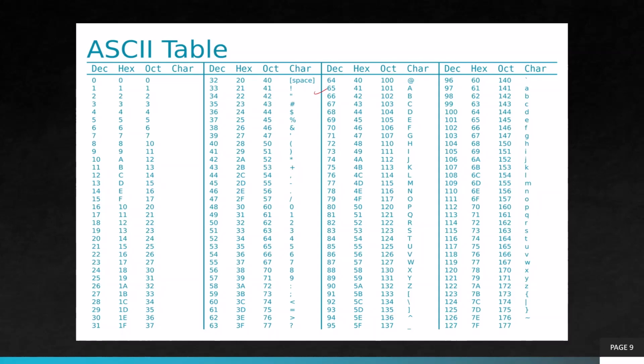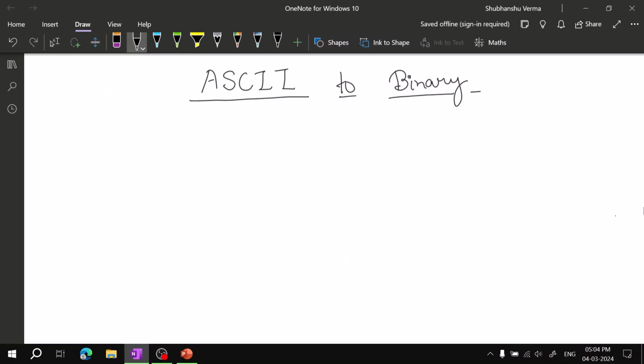We'll see how a system will understand the word cyber in the form of 0 and 1. So let's have a look at how this can be done. Here we have ASCII to binary, and let me mention the word, which is cyber.